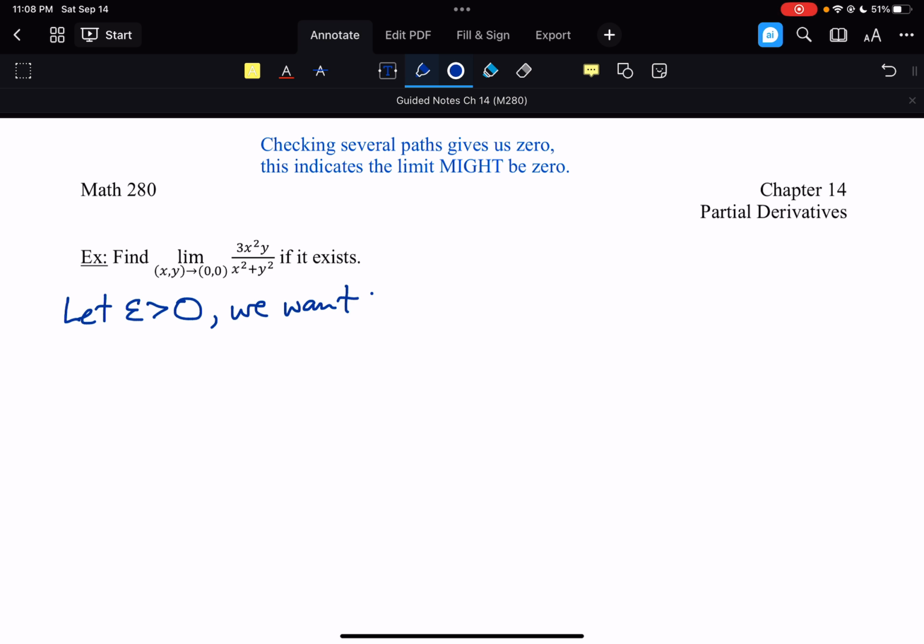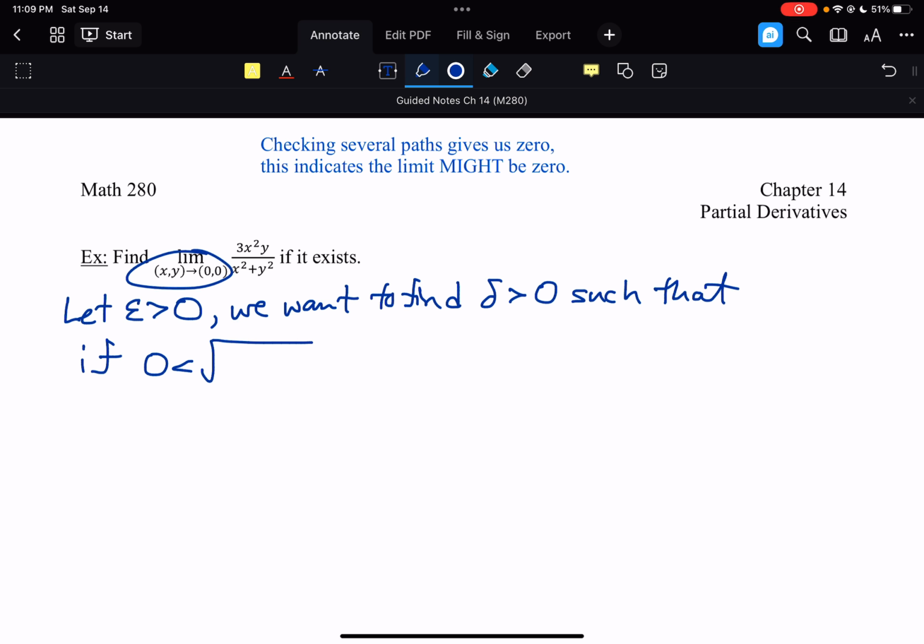We want to find delta greater than 0 such that if, remember, the distance between (x, y) and (0, 0), so between (x, y) and (a, b), if the distance between those two is smaller than delta, then the distance between the function and the limit, which we believe to be 0, should be smaller than epsilon.